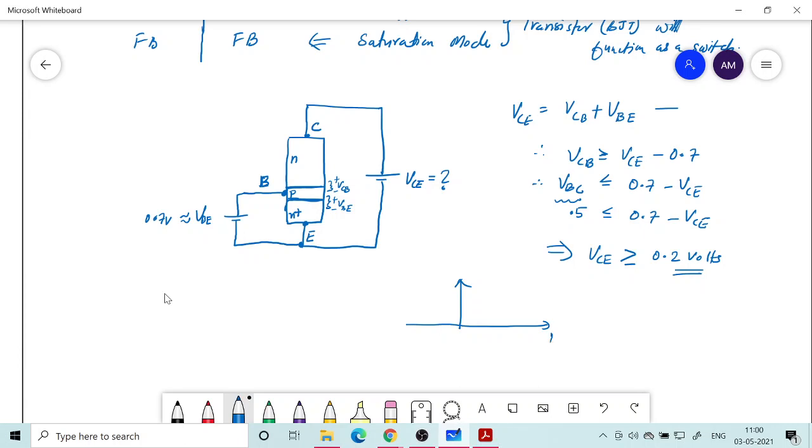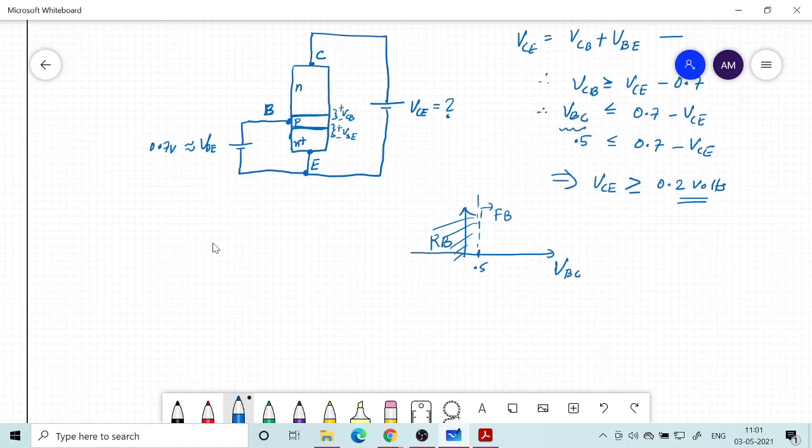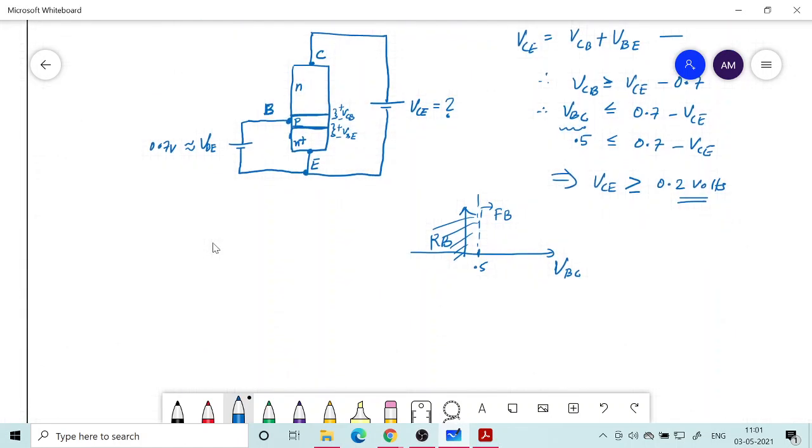Our PN junction voltage is VBC, and 0.5, which I said is here. Anything on this side I am going to treat as reverse bias, and anything to this side I will call forward bias. For forward biasing I need 0.7 or larger. VB should be greater than 0.65 or larger. So this is the PN junction voltage.